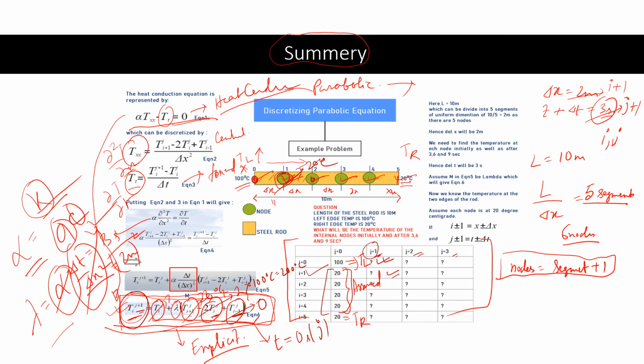And we try to find out the error by the formula: T previous minus T present divided by T previous. This is a relative error, and based on this relative error, we repeat the iterations. So with this, I will close.